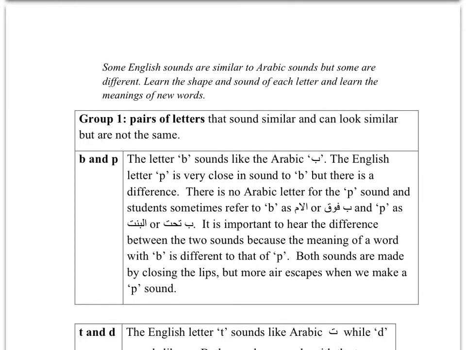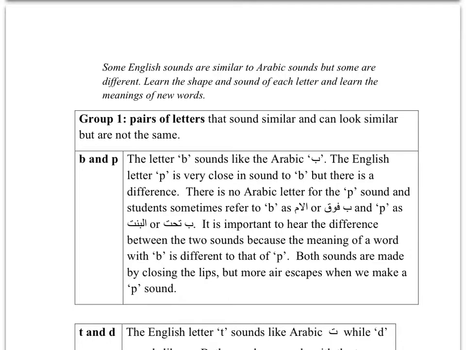Okay, so let's look now at the consonants and look at letters that are similar or different to letters in Arabic. Some of the English sounds are similar to Arabic sounds. So let's take the first one here, B. And this is similar to the Arabic sound ba.